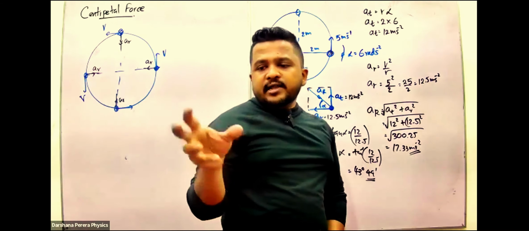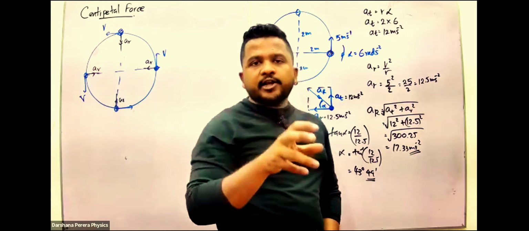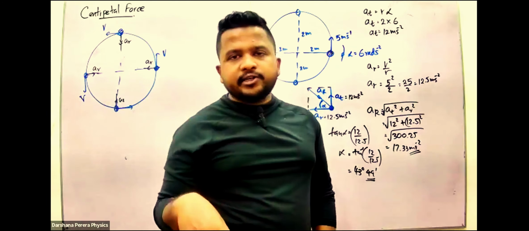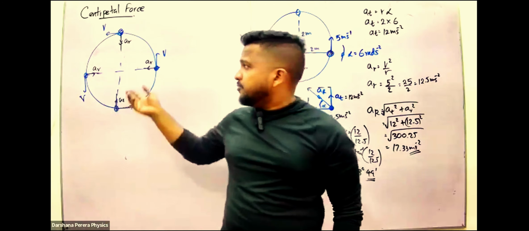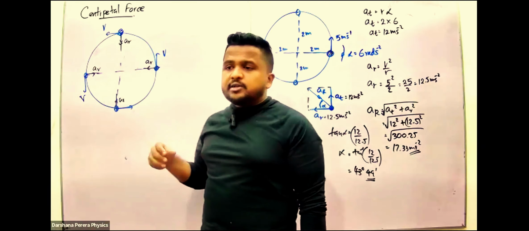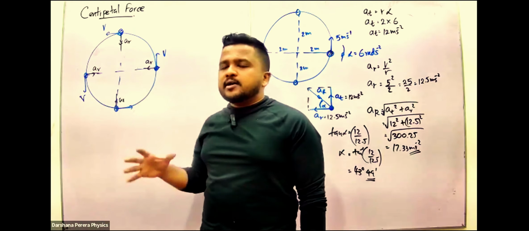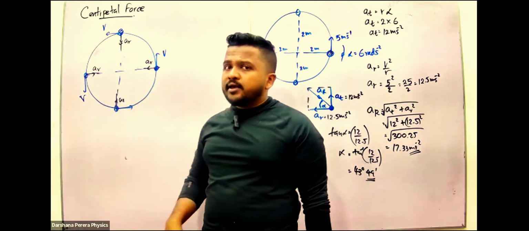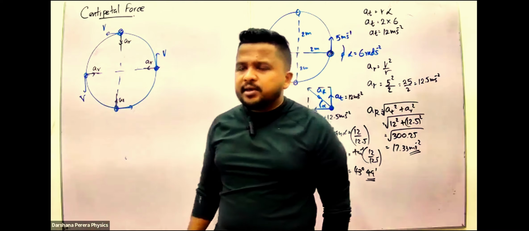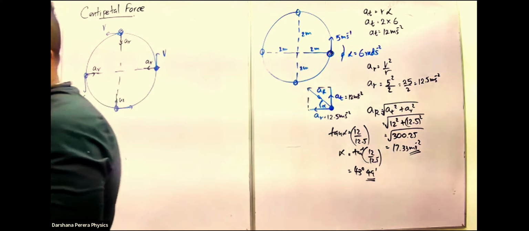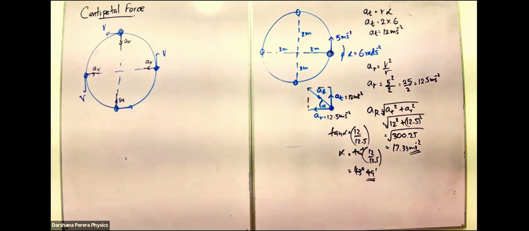Why? If a mass has acceleration in a direction, we can take the radial direction, there is a force. Why? F equals ma. Write down.